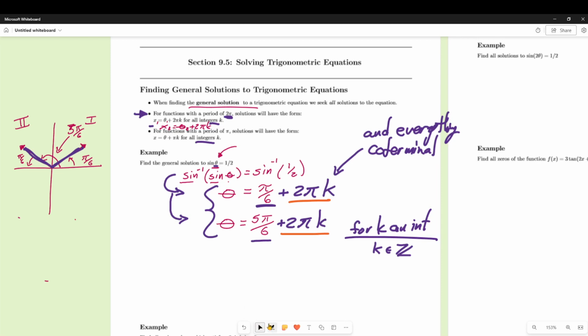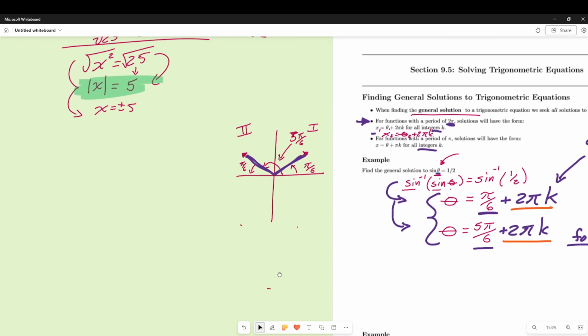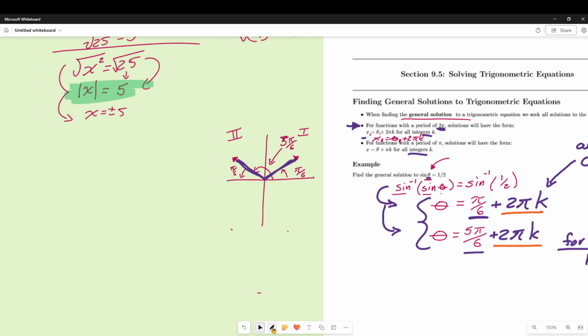And I really do want you to think of this as kind of being the same thing as when you solve something like x squared equals 16 and you square root both sides. Even though the square root of 16 is only 4, our solving technique reminds us we have to put that plus or minus in.